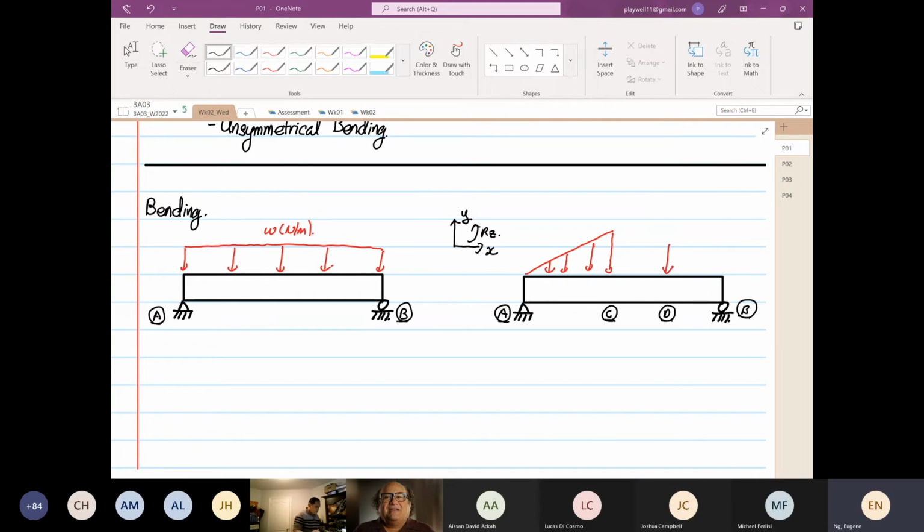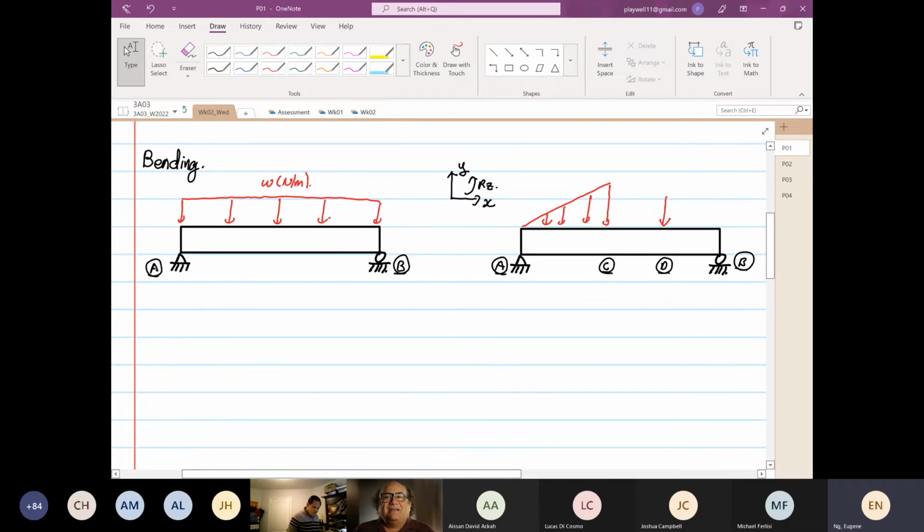We know that the formula to find whether it is symmetrical bending is stress X equal to Mz over Izz multiplied by y. Then I'm going to draw again three different cross-sectional areas.